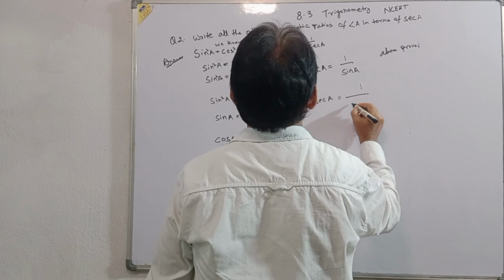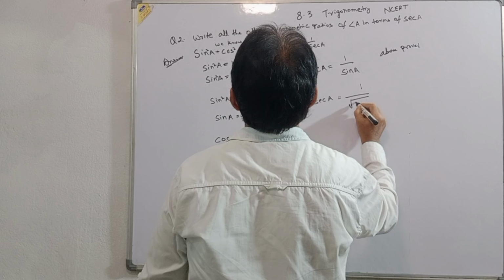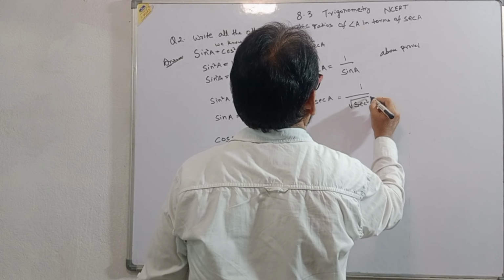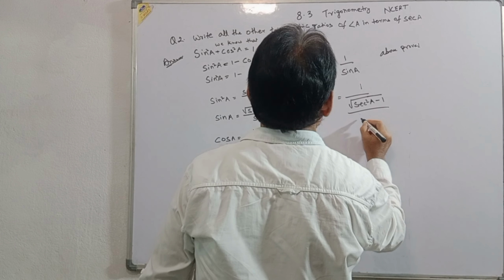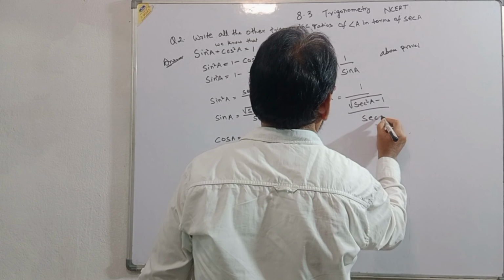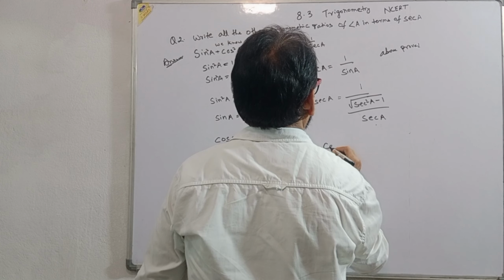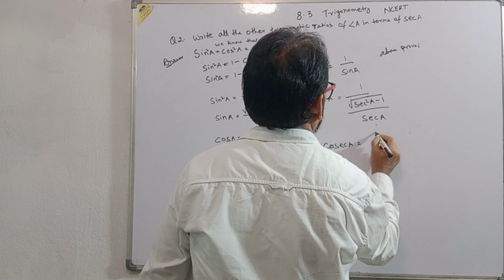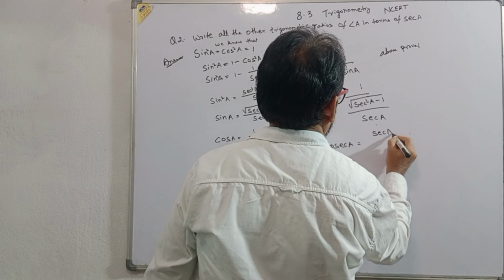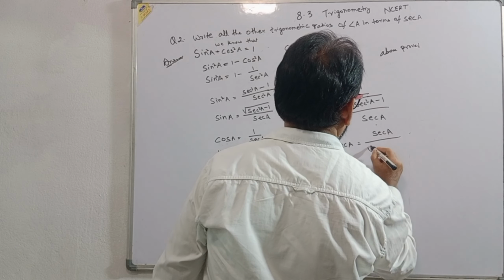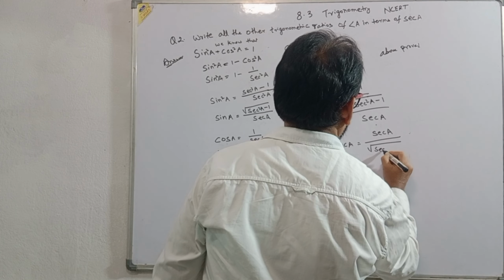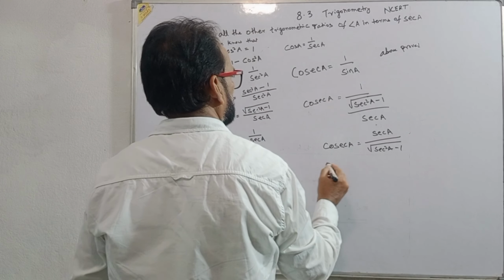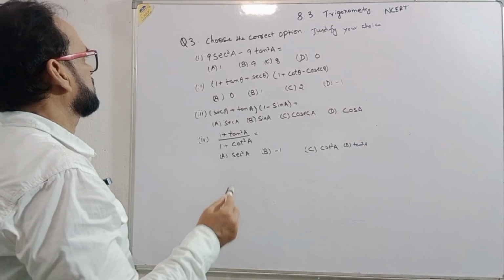Here put the sin value, so cosec A equals sec A divided by under root sec square A minus 1. It is proved.